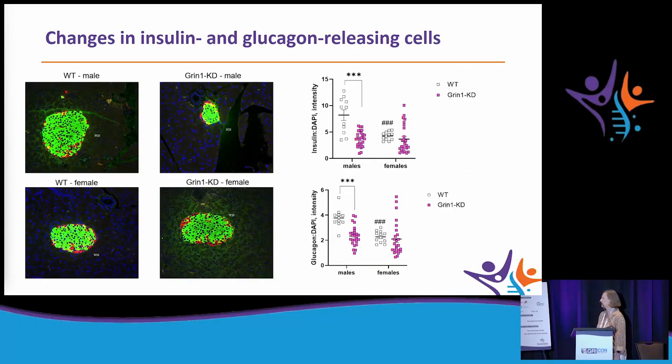We don't have data yet on the patient variant mice, but this was really striking when we performed immunohistochemistry staining for the insulin secreting beta cells and the glucagon secreting alpha cells, which are beautiful structures in the pancreas. You can see that they're really small in the KD males.